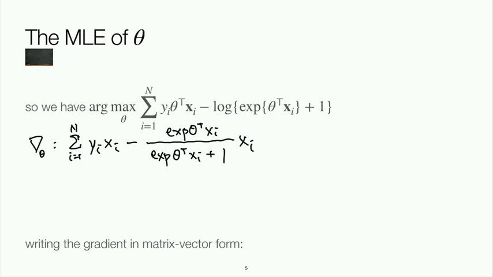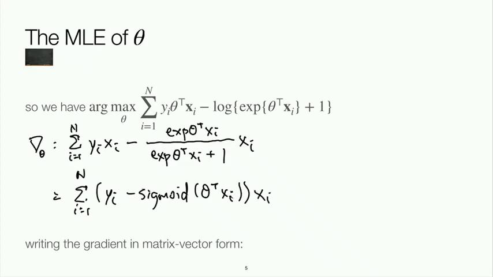But yes, I can rewrite this as yi minus sigmoid of theta transpose xi, times xi. I just put two terms inside of parentheses, and then you would distribute to get the thing on the previous line. Cool, that's kind of neat, right?